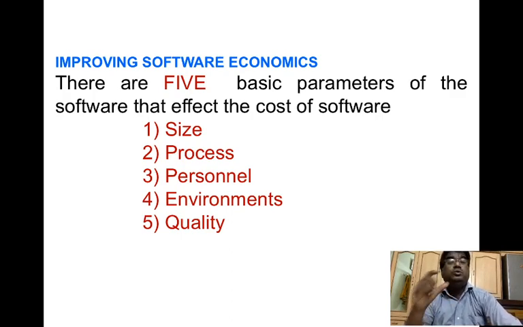If you produce a quality software product for the client, the client will definitely feel very happy, and automatically you will get good software projects from the same client and from other clients. Quality is achieved through continuous monitoring, testing and assessment. So the 5 are very essential. These are known as software economics.